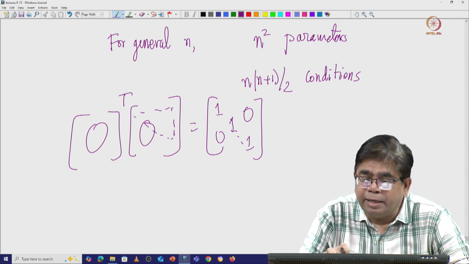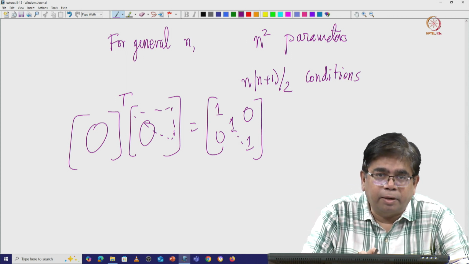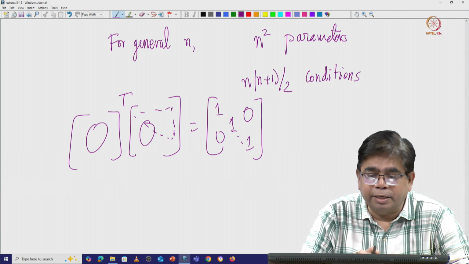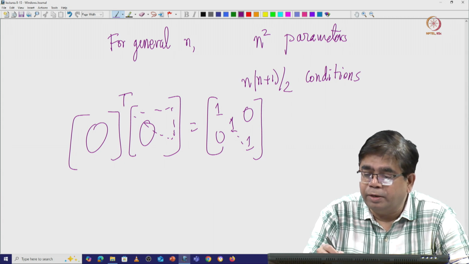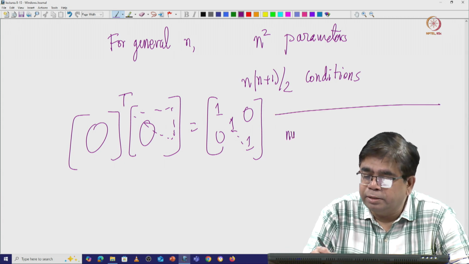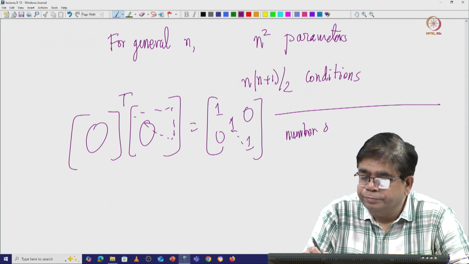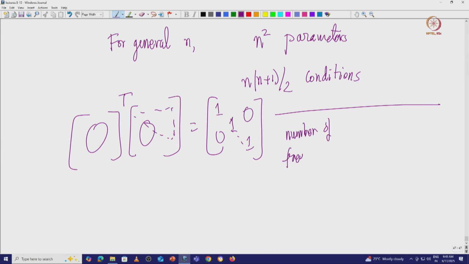Okay, and n into n plus 1 by 2 are the upper triangular matrix conditions. So the number of free parameters is equal to n square minus n into n plus 1 by 2, and that is equal to n into n minus 1 by 2.